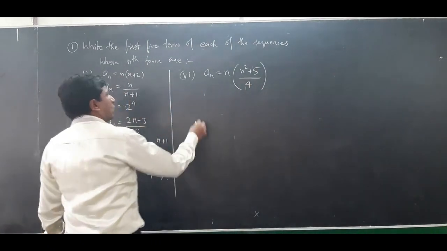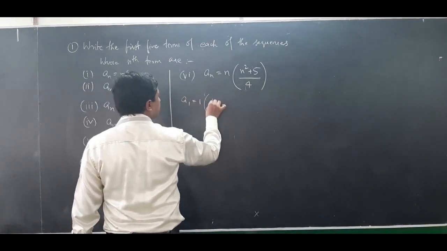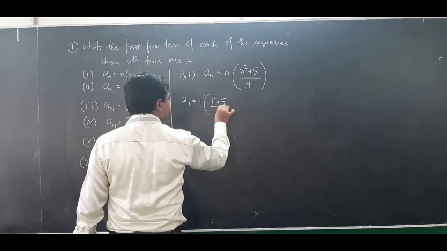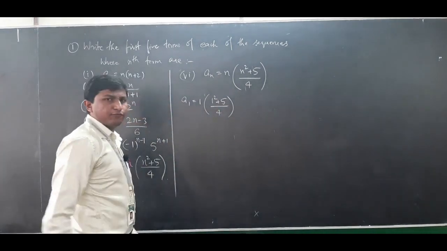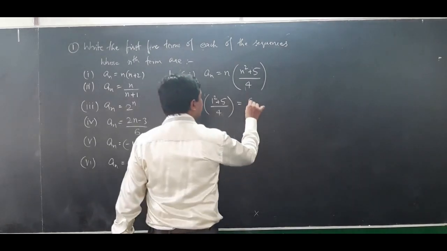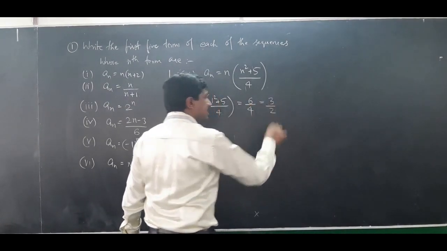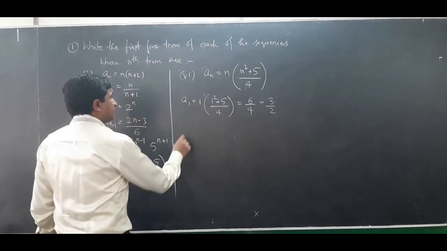Okay. What is a1? a1 is 1 into 1 square plus 5 by 4. So this is nothing but 1 square plus 5 is 6 by 4. On simplification, this is 3 by 2.